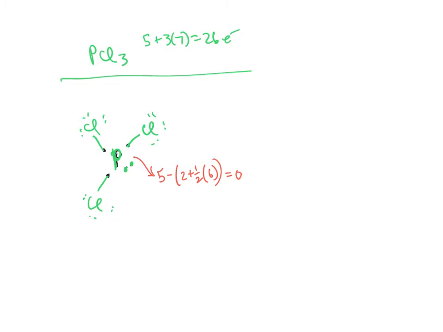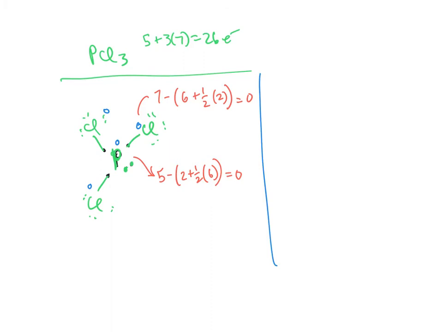And the chlorine by itself, they're all the same. 7 minus 6 lone pair electrons plus 1/2, it's got 1 bond with 2 electrons in it. So it's 7, so it's 0. So we're going to find it's 0 on each one of these.